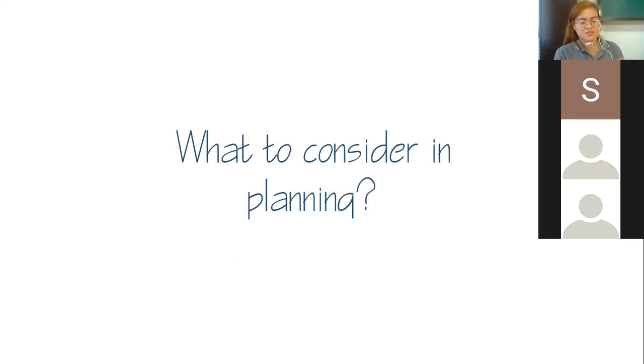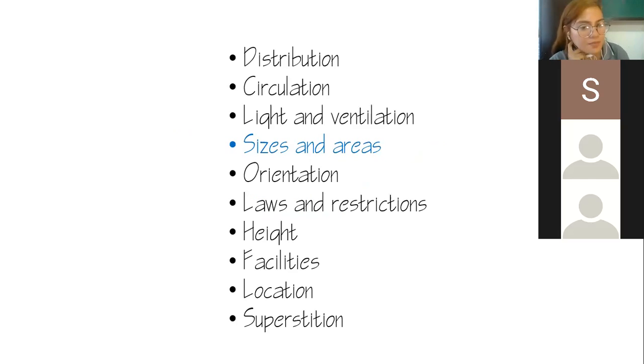So, what to consider in planning? What would you consider if you are going to plan? These are just the 10 basic considerations of planning. There are still many more. The first one is distribution.